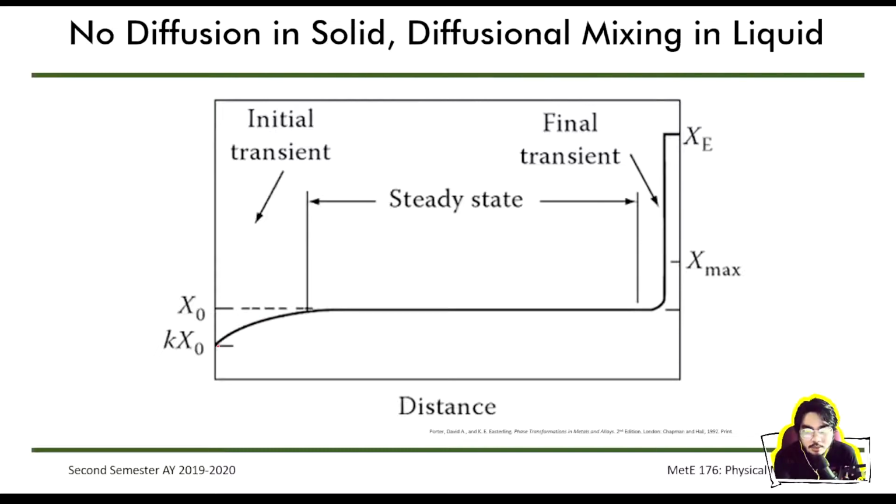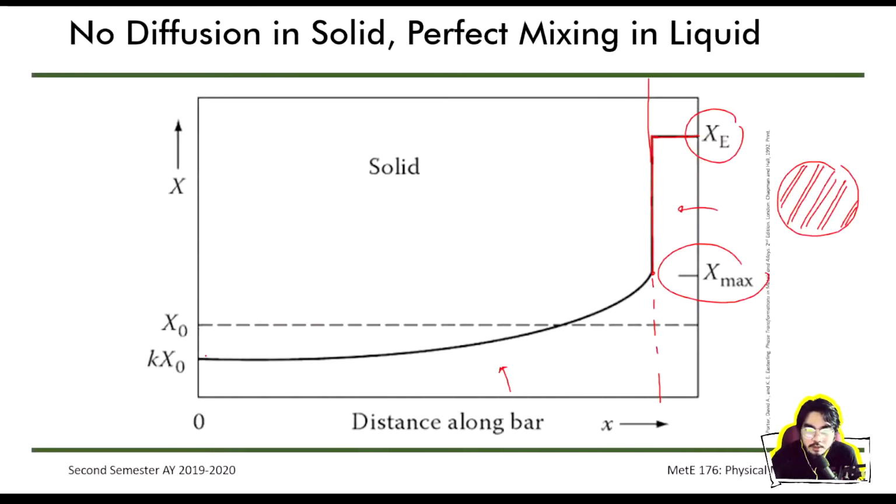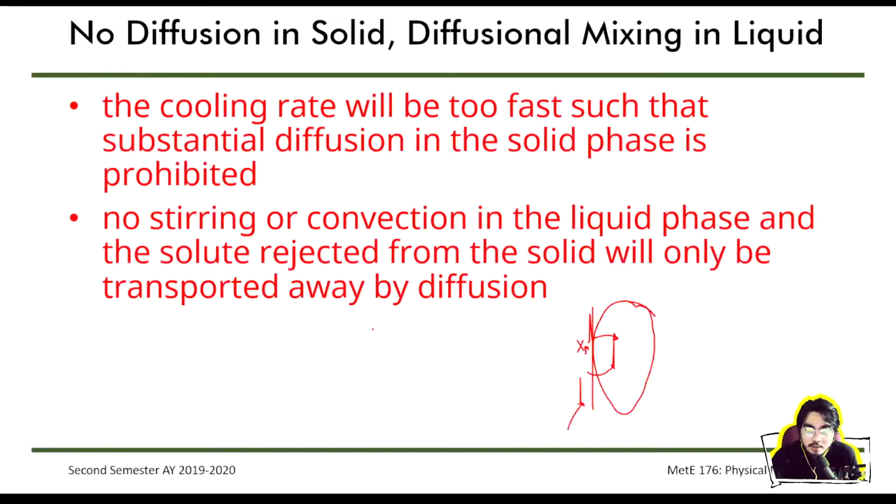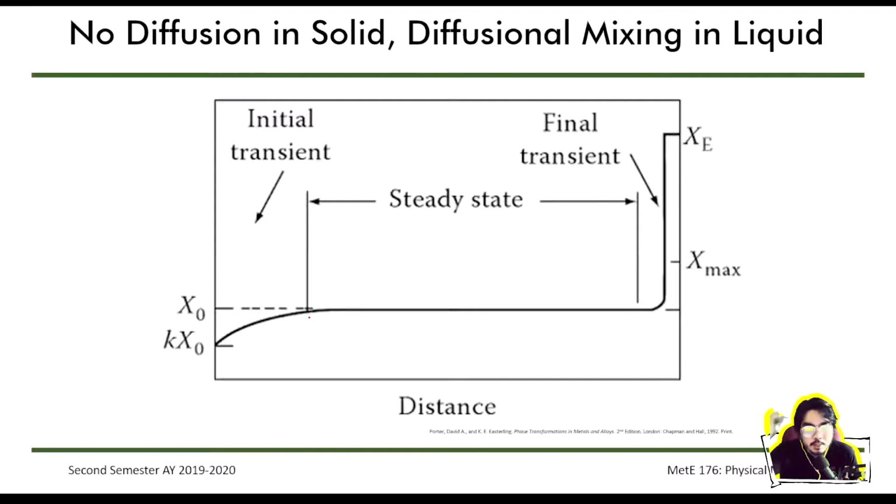Kumbaga yung XS natin is compared to dito, medyo slow yung rise ng XS mo, or the concentration along the solid bar. Dito naman faster yung rise niya.